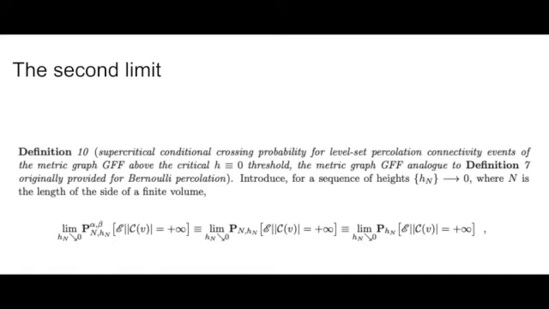So in the final quantity given here, we have the limit as h_n tends to 0 from above, saying that we have some supercritical choice of height parameters that approach the critical threshold h equal to 0 from above, of P of h_n of this cylinder event occurring conditionally upon the fact that the cluster centered at some little v in the vertex set of our lifted graph is infinite.